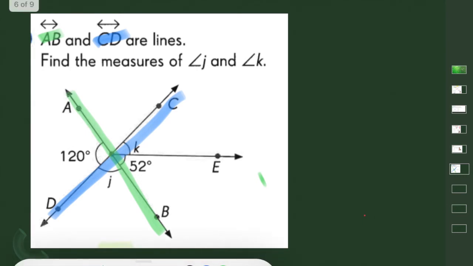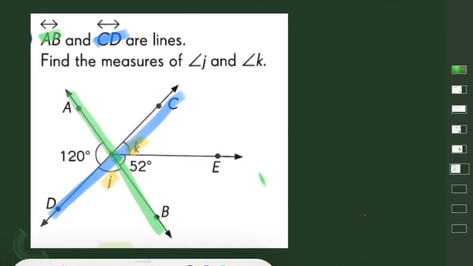And see if you can find the measures of angle J and angle K. It's a little bit dark. Let's try that again. Angle J and angle K. Pause the video, think through it on your own, and then check back to see if your thinking matches mine.